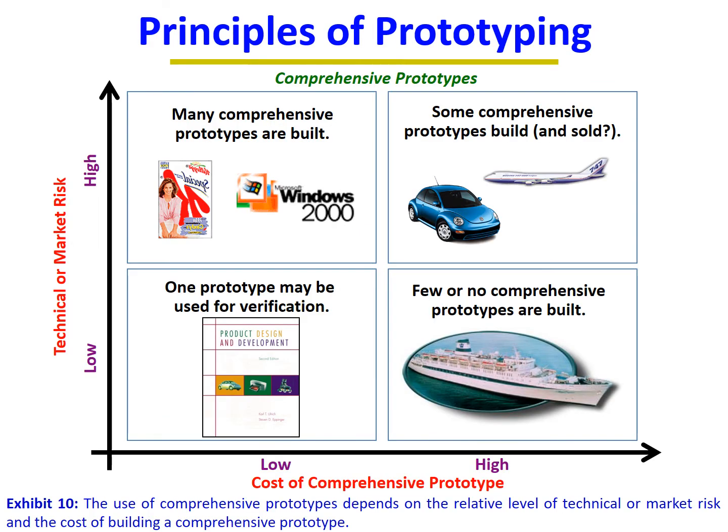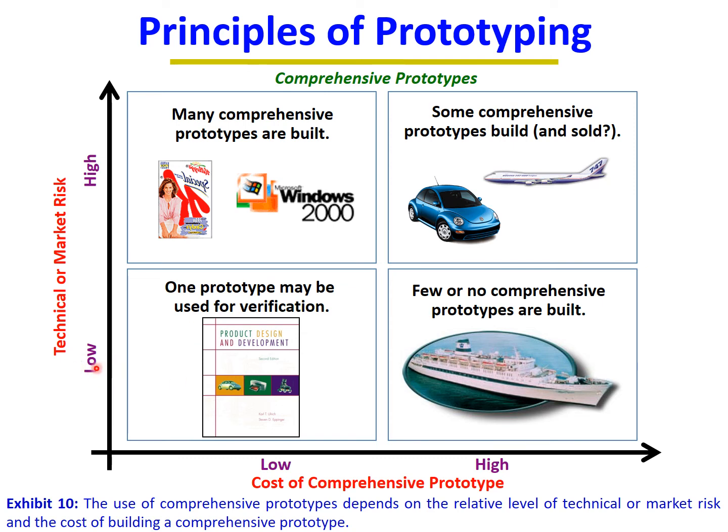Exhibit 10, the use of comprehensive prototypes depends on the relative level of technical or market risk and the cost of building a comprehensive prototype. So here, cost of prototype, low cost, high cost. Here, technical or market risk, low risk, high risk. So this one, prototype may be used for verification if the cost for prototyping is low and if the technical or market risk is low, right?